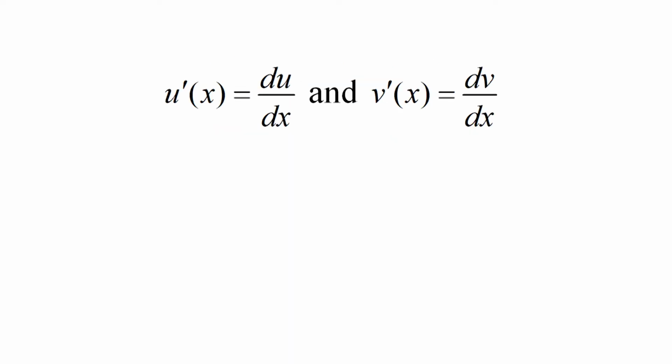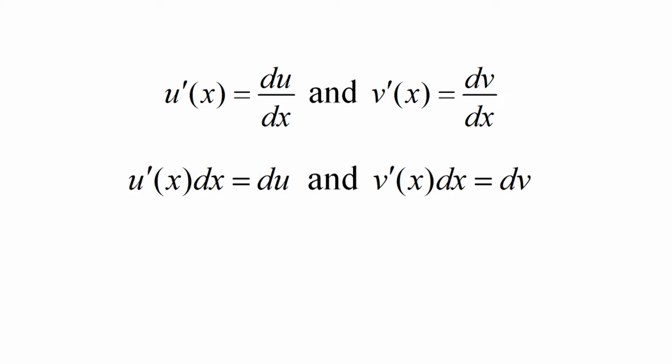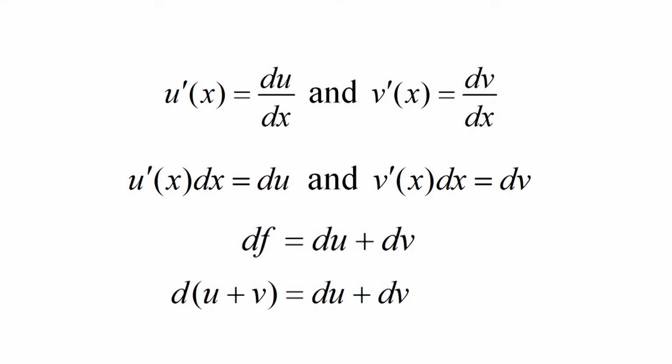Since u prime x is equal to du by dx and v prime x is equal to dv by dx, we have u prime x dx is equal to du and v prime x dx is equal to dv, and hence the above gives df is equal to du plus dv, that is d of (u plus v) is equal to du plus dv. This is the sum rule for differentials.